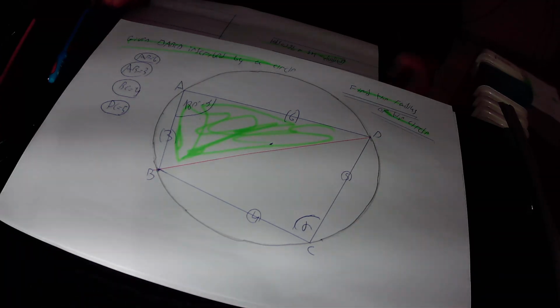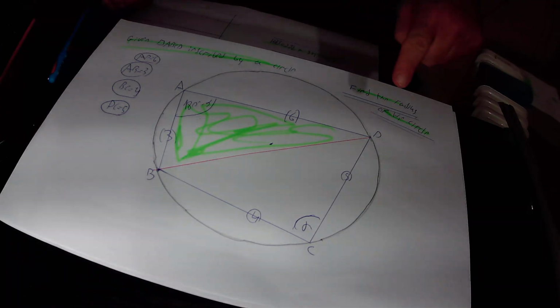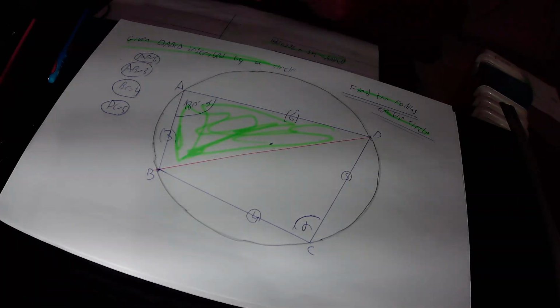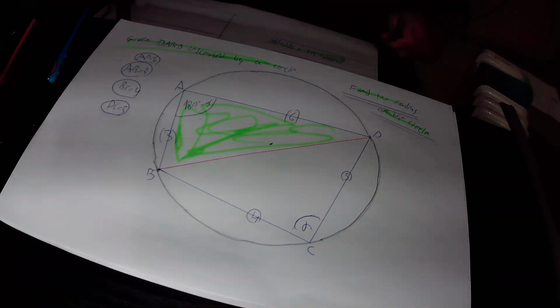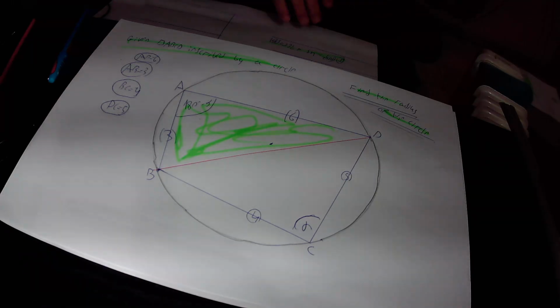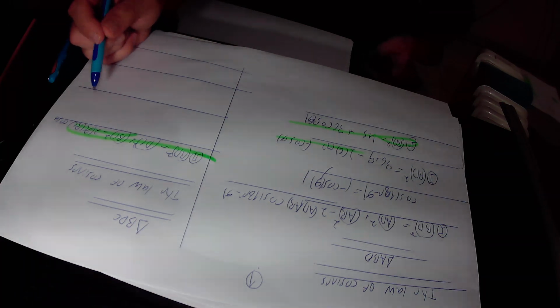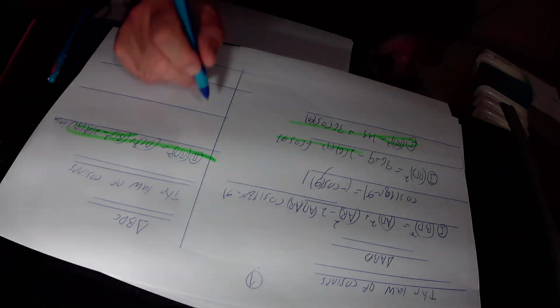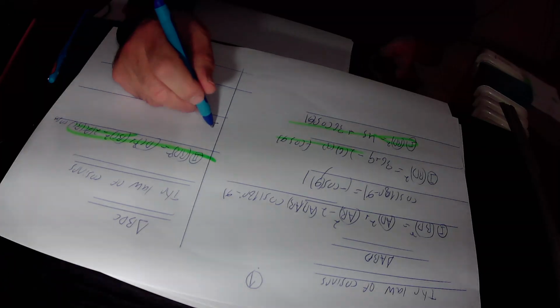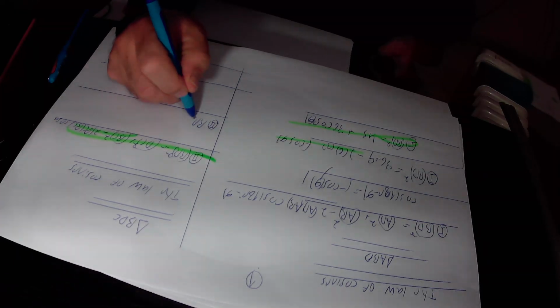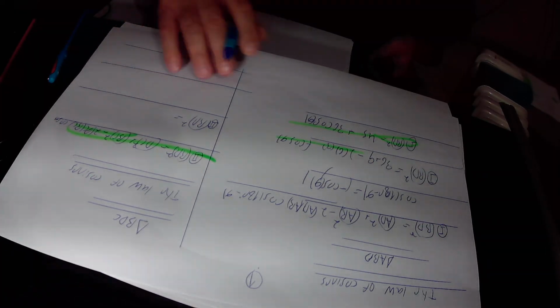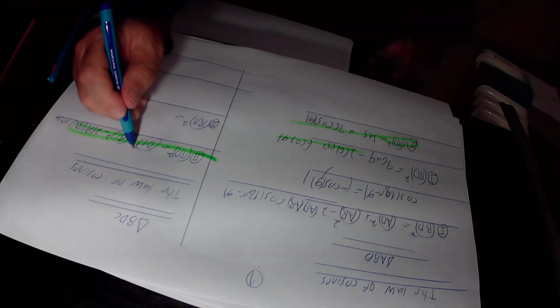And again, according to the law of cosines, in this lower white triangle BDC, the following equation is true: BD squared equals DC squared plus BC squared minus 2 times DC times BC times cosine alpha. So BD squared equals DC squared.